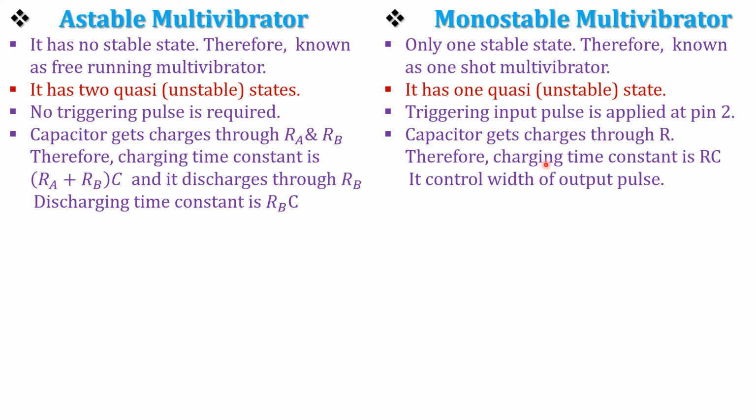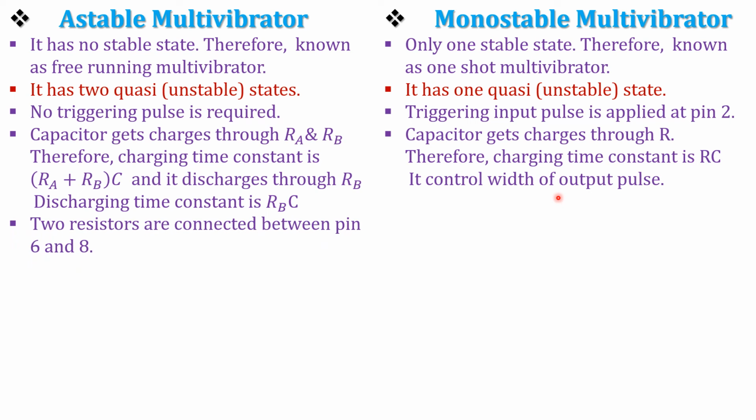For monostable, the capacitor gets charged through the resistor R, therefore that charging time constant is RC, and we know that the charging time constant RC controls the width of the output signal.